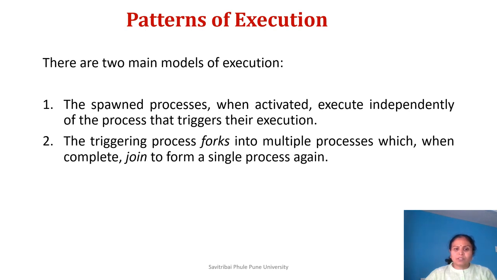First, the spawned processes, when activated, execute independently of the process that triggers their execution. Second, the triggering process forks into multiple processes which, when complete, join to form a single process again. Most programming languages support the fork and join model.